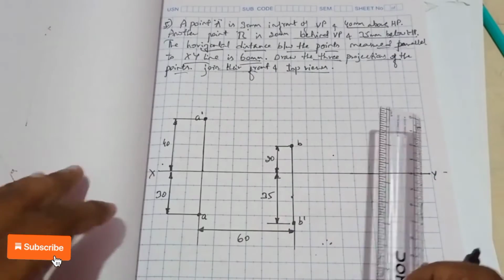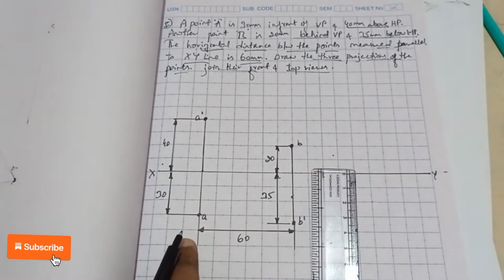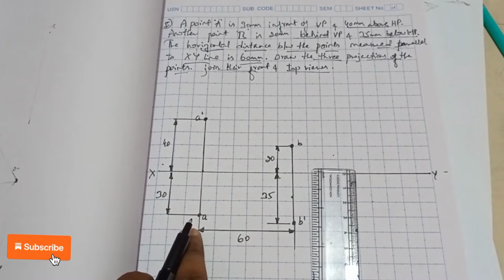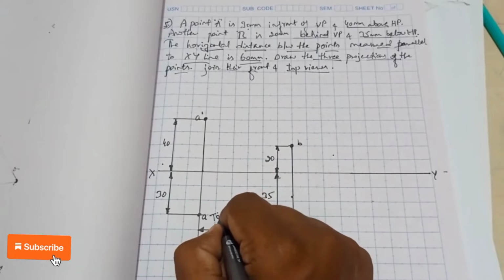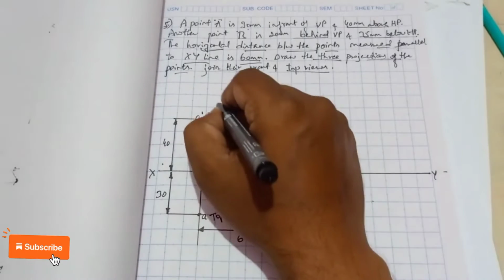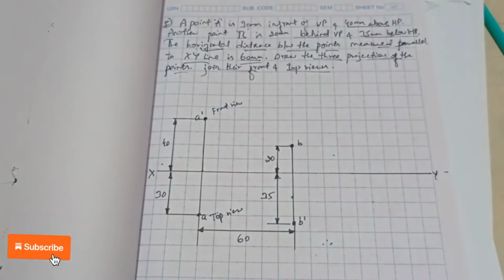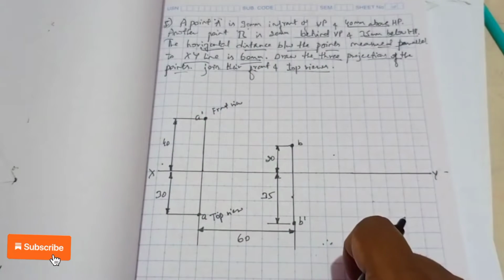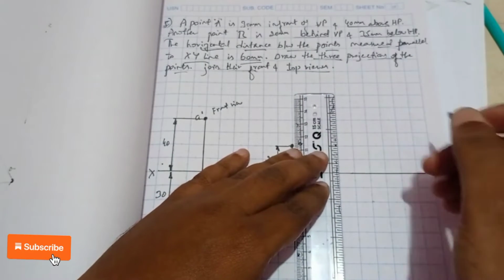For this purpose we need to draw a 45-degree angle line. First, for point A, this is our top view and this is the front view. Wherever we have the top view, on that side we have to draw the 45-degree line. So here I will draw one X1 Y1 line.